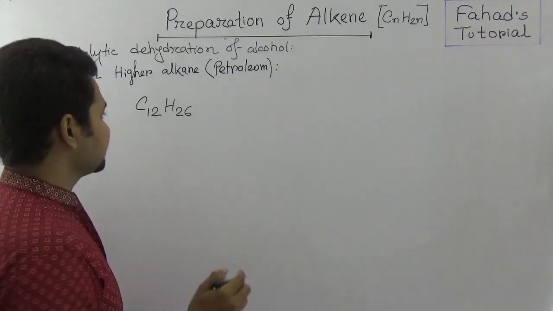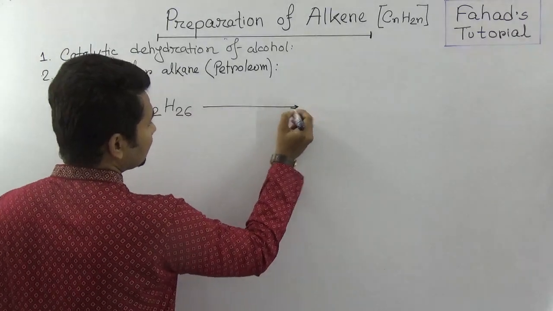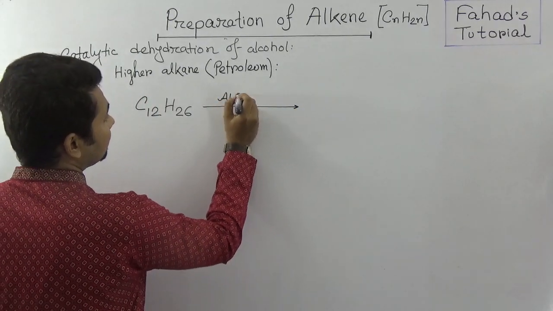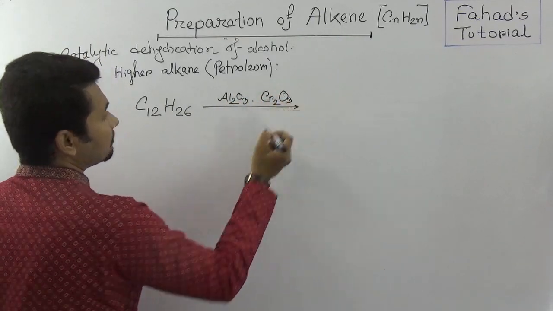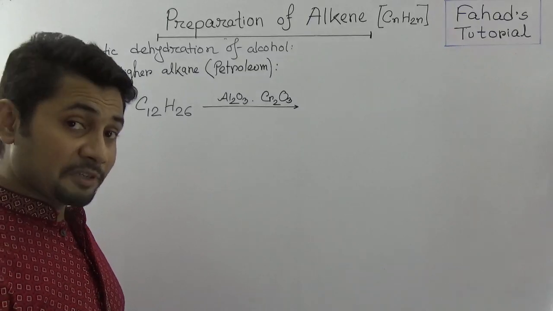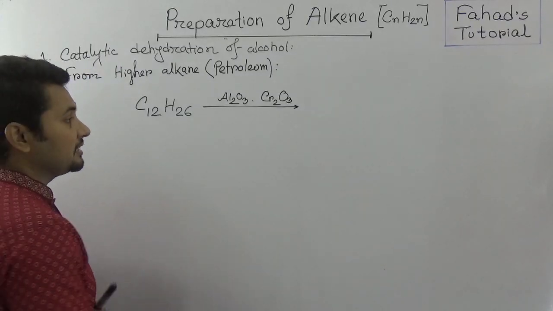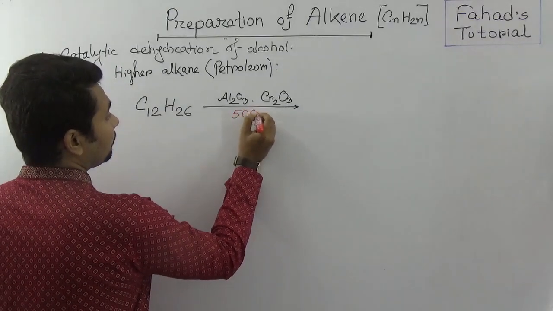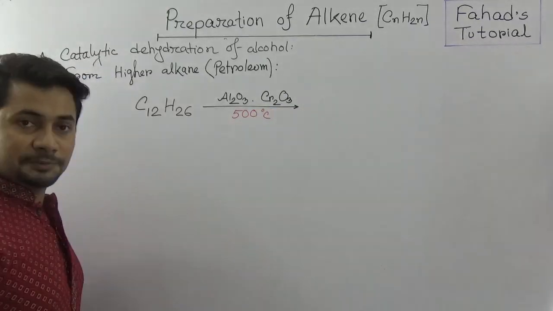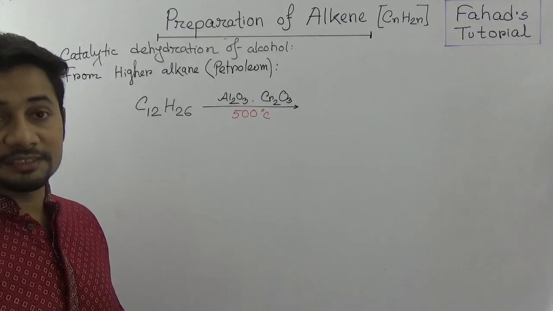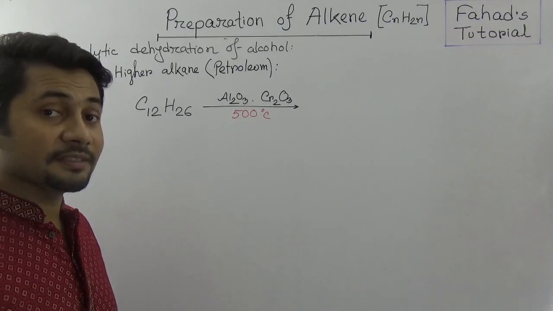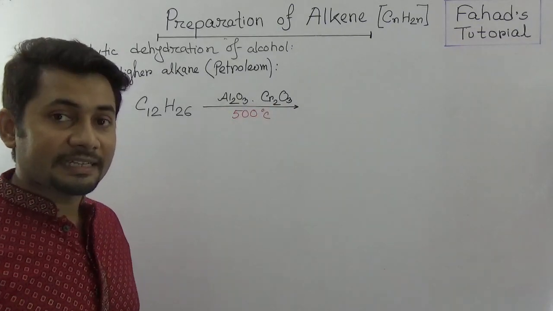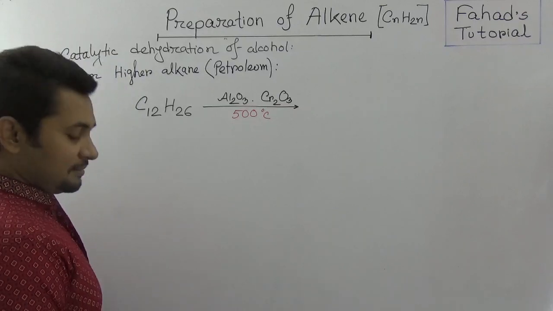This is dodecane. That means in this process, aluminium oxide and chromium oxide will be present, and the temperature is 500 degrees Celsius. So definitely it's a high level of heat, so huge heat will be produced with the presence of appropriate catalyst. And then what will be the production?